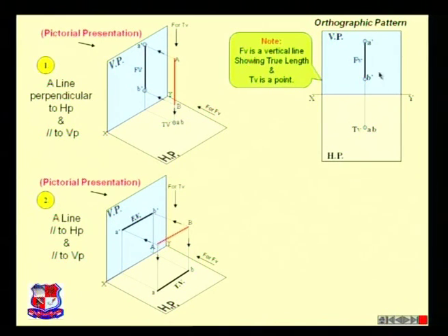Now if you see, this line is dark and this is true length, which means that if we measure this length A dash B dash and compare it with the capital AB, the length would be equal, which means it is the true length of the line. True length means its actual length.